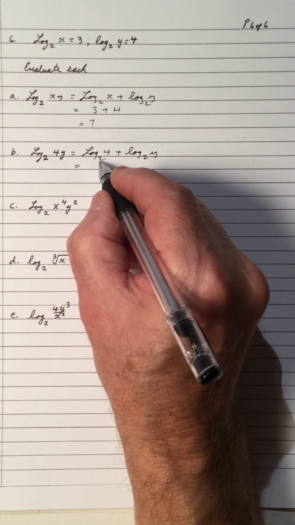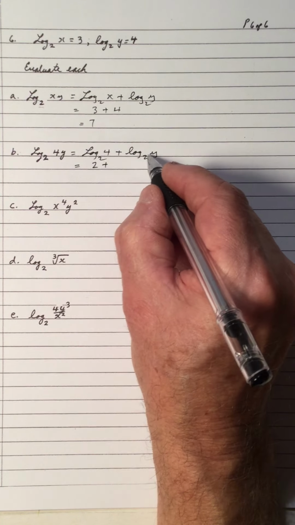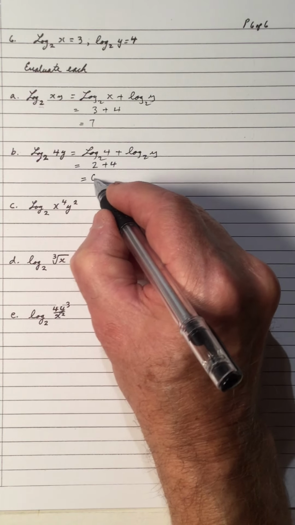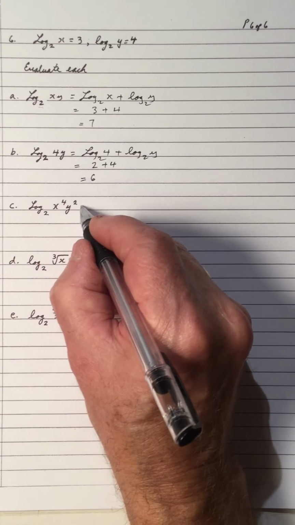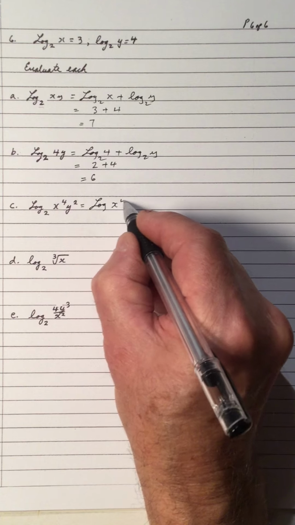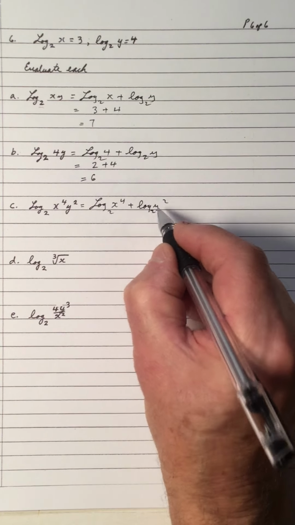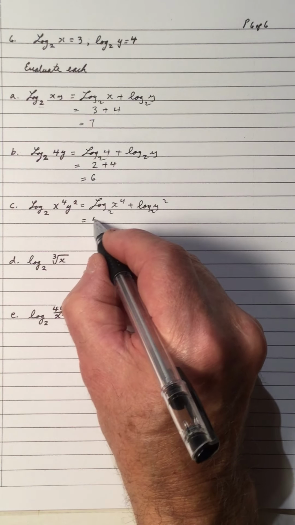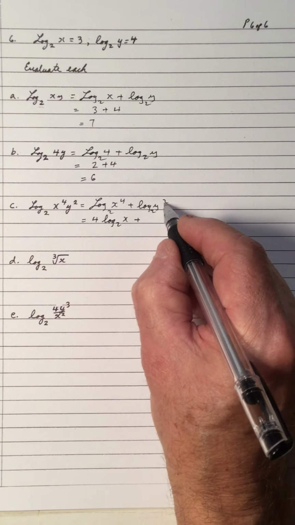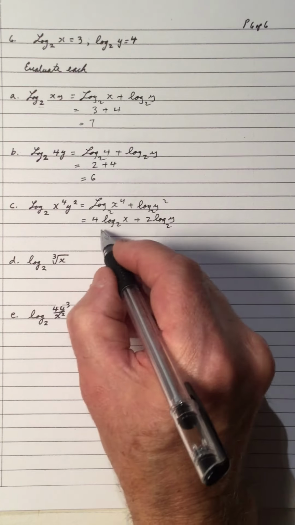The log of 4 base 2 is 2, since 2 to the power of 2 is 4. The log of y base 2 is a 4, so that's a 6. And we have the log of x to the 4th base 2, the log of y squared base 2. That's the power, so it's 4 log x base 2 plus 2 log y base 2.